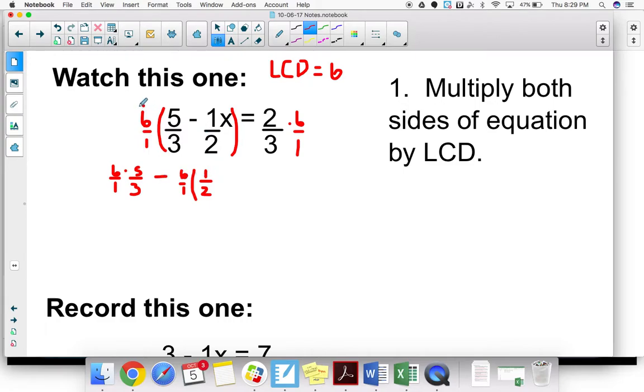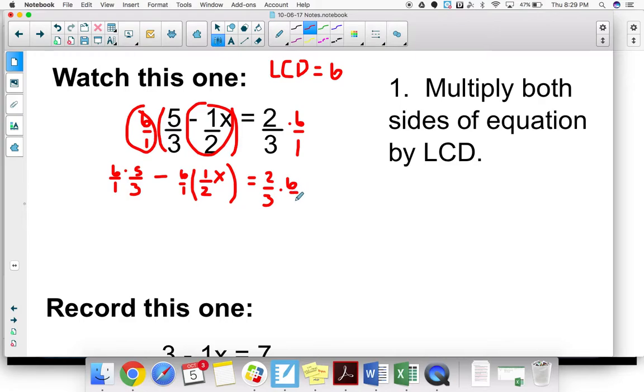I generally just like to look at the 2 terms that I'm multiplying and ask myself, is this going to be positive or negative? Well, it's going to be negative here, so I just put the sign out front so it's a lot easier to simplify. All right, and then we end up with 2/3 times 6 over 1.